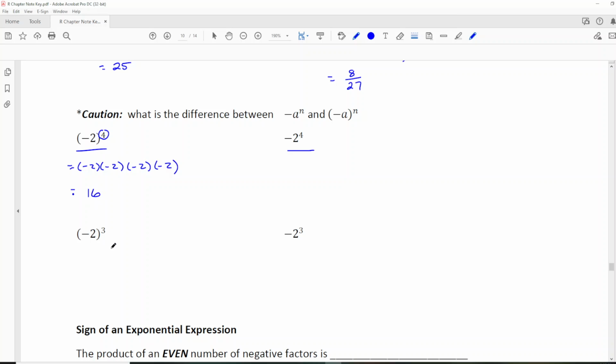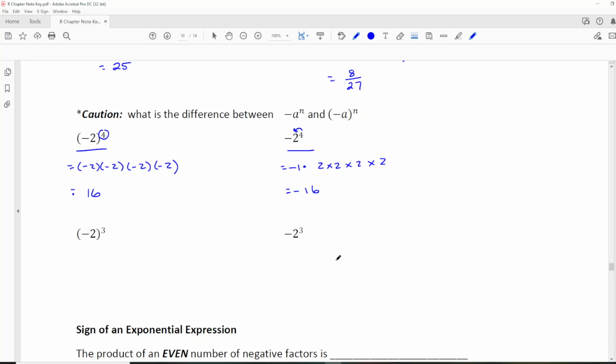This is positive 16. Whereas in this one, the exponent is only touching the 2. So this would be -1 times 2 times 2 times 2 times 2. The exponent is not being applied to the negative. So this answer is going to be negative 2 times 2 times 2 times 2, which is -16.